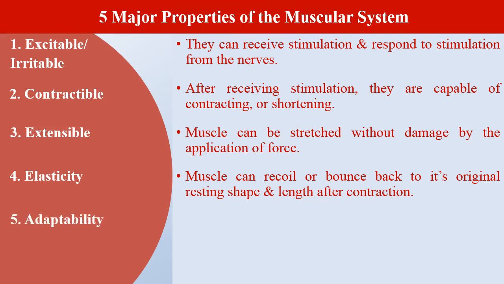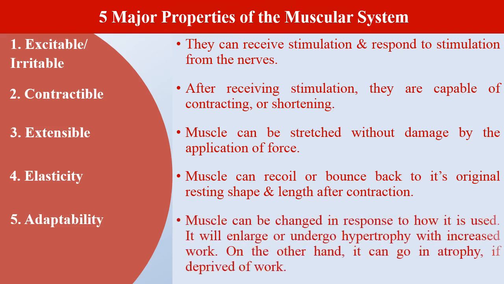Muscles also have adaptability. It means muscles can be changed in response to how they are used. They will enlarge or undergo hypertrophy with increased work. On the other hand, they can go into atrophy if deprived of work.